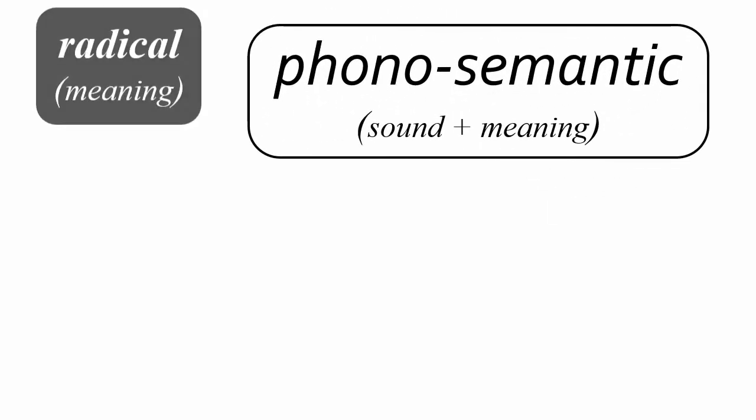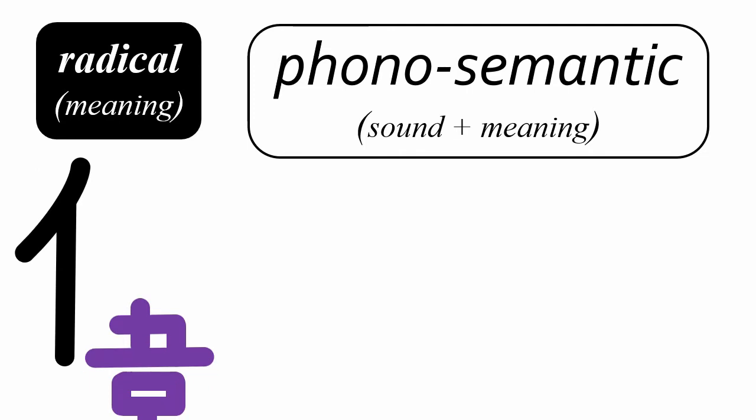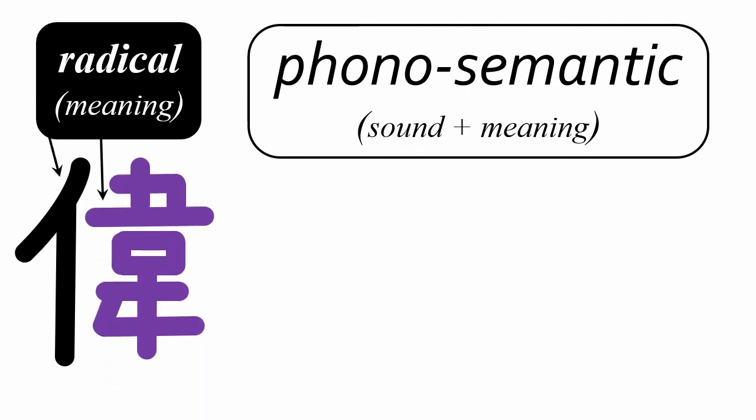The person radical has been added to show a man leaving the town. This character is a phono-semantic compound pronounced third tone, wei, wei.